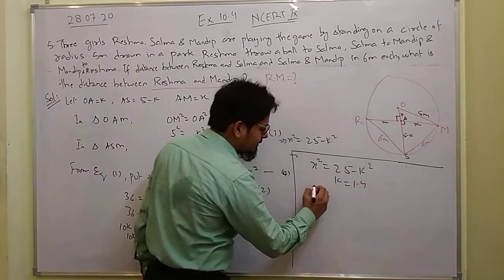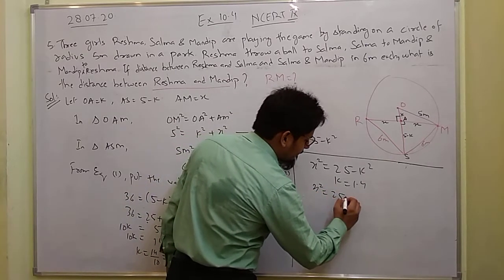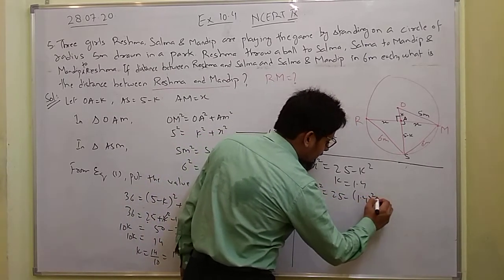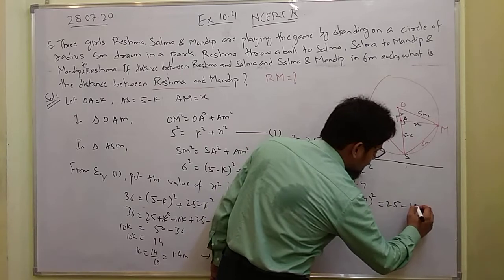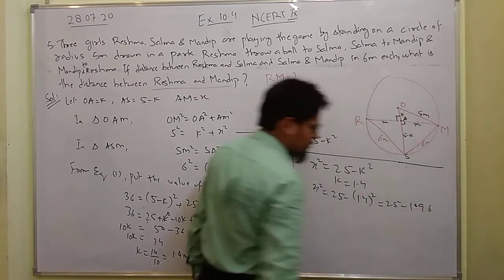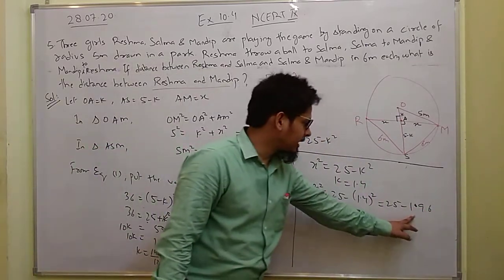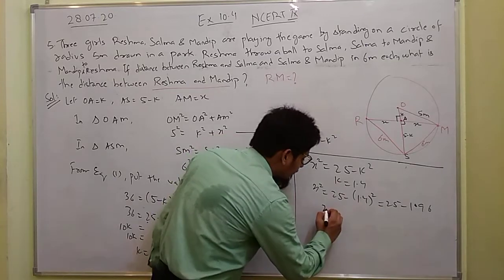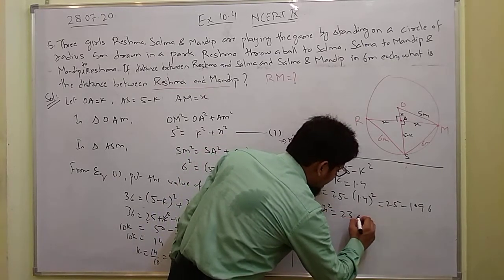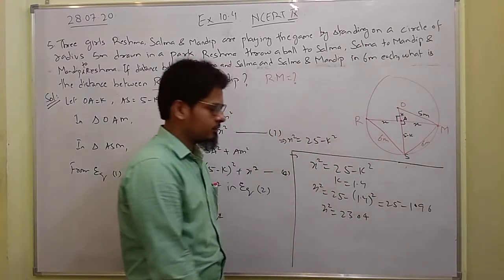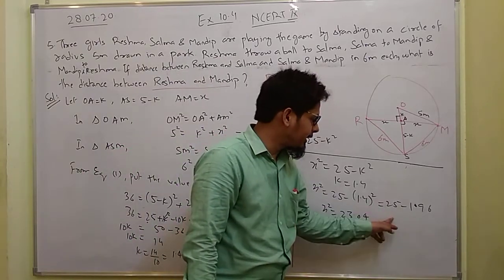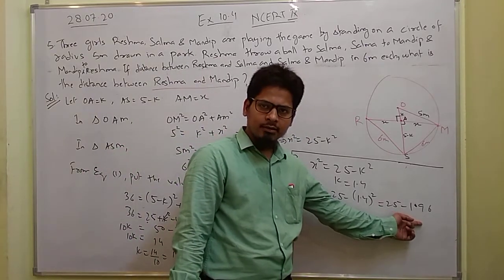I am now putting here X square is 25 minus 1.4 of whole square, 25 minus 1.96. On subtraction, 25 minus 1.96, we have 23.04. It is the value of 25 minus 1.96.